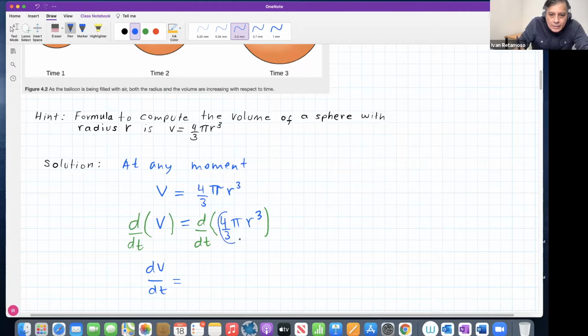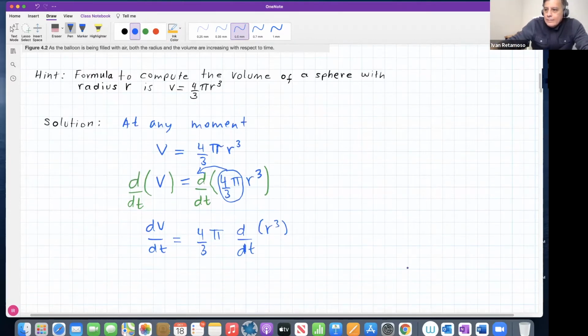So allow me to take this constant outside of the derivative, and focus on taking the derivative with respect to time of r cubed. Okay, great. Now, this is just dV/dt, and 4 pi/3 times the derivative with respect to time of this.